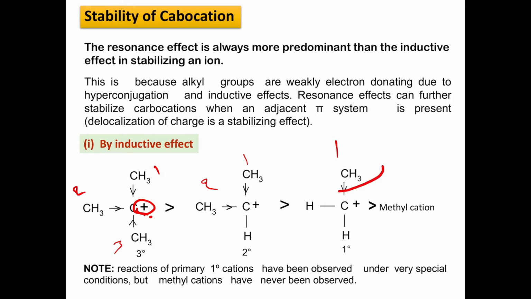If we have 1 source to donate electrons to the carbocation, it's less strong. And the least stable carbocation is the methyl cation, CH3 positive.